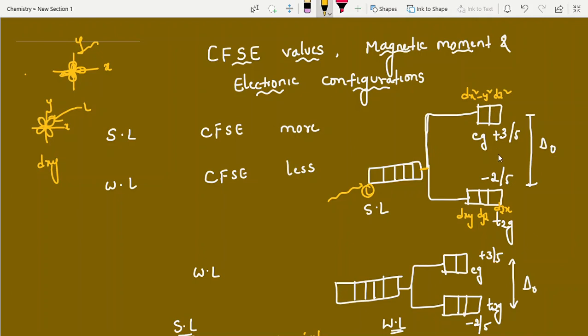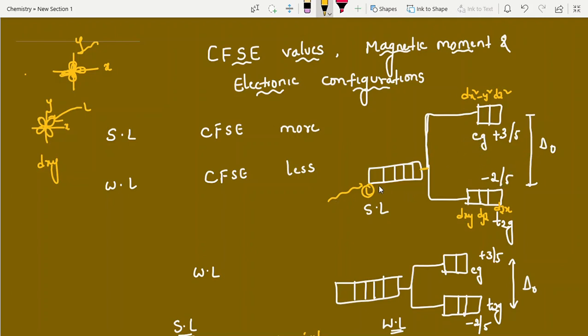So finally, this is the crystal field splitting diagram. Here I am giving more importance to the competitive exams. Weak field ligands, strong field ligands, electronic configurations and crystal field stabilization energy are frequently asked in JEE and NEET examinations, which is why I am explaining this. So what is the conclusion?